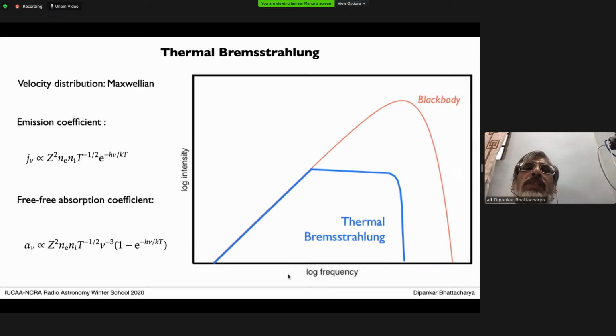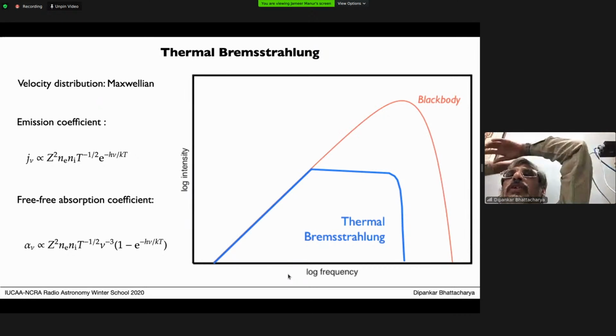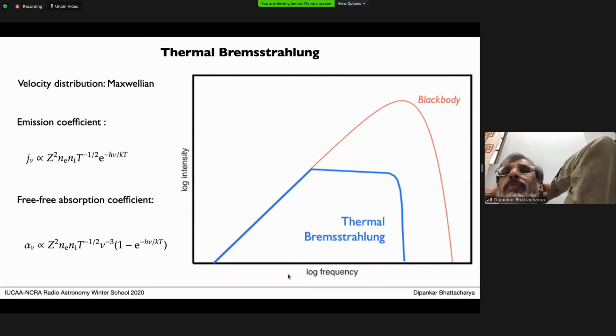The most common sources from which we see this Bremsstrahlung emission in astrophysical situations are thermal sources, which means the velocity distribution of electrons is given by a Maxwellian of a given temperature.